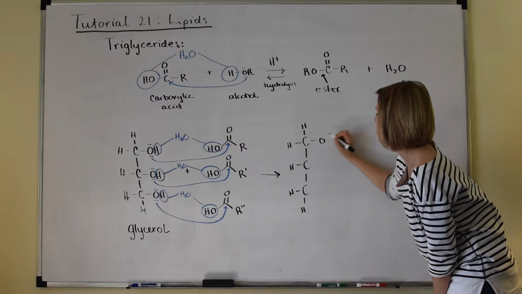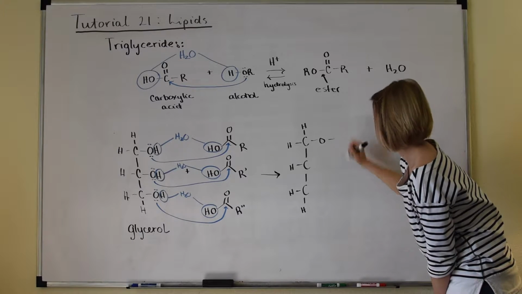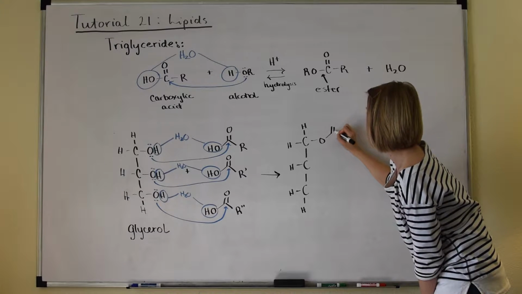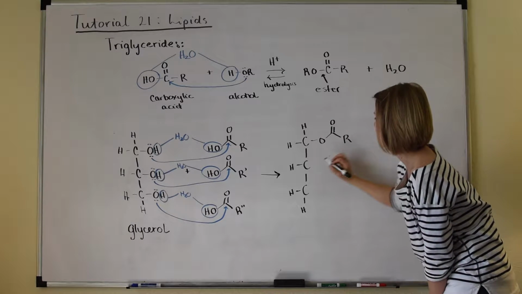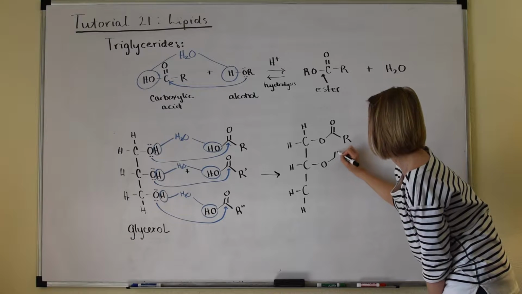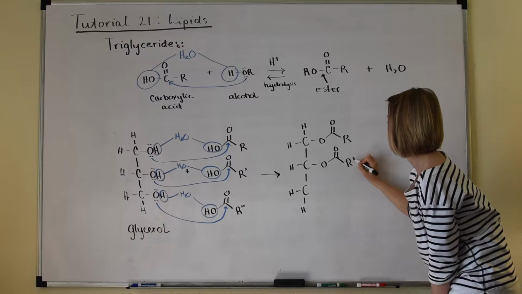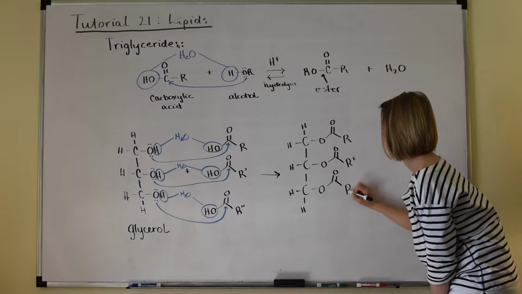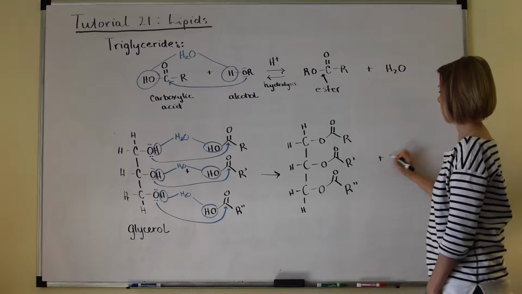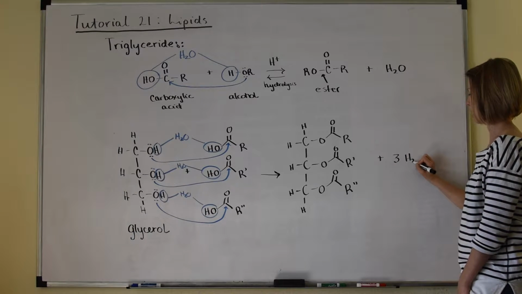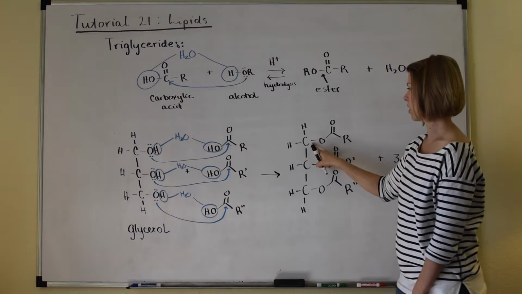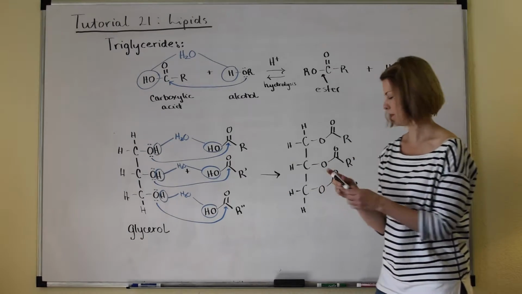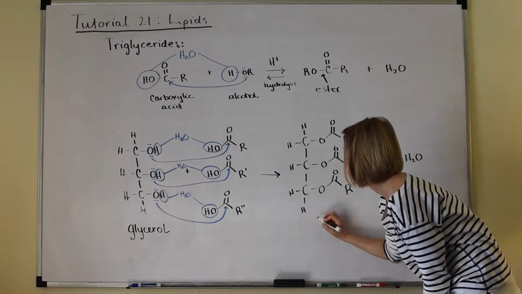So we've got an O, and let's keep that consistent, and I'll just do an R, an R prime, and an R double prime, and don't forget 3 H2Os. Okay, so here are the ester functional groups. 3 of them form. All right, and this is our general triglyceride.